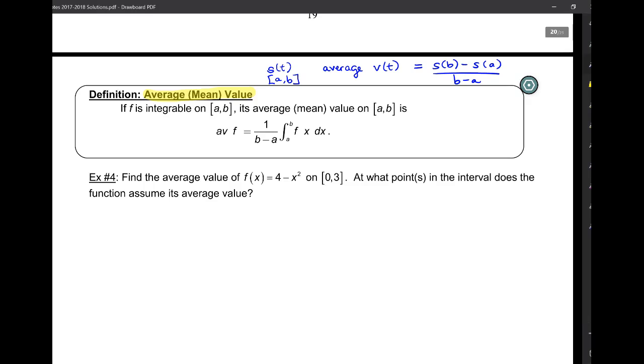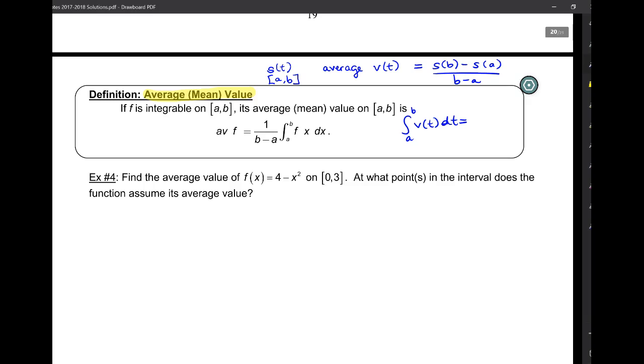So think of, what if we were working backwards, right? In other words, instead of having position, what if I gave you the velocity function and I said, now find the average velocity? We integrate that, okay? In other words, if I were saying from A to B of v of t, I'm kind of jumping ahead a little bit, but I hope you guys remember all of this stuff with velocity.